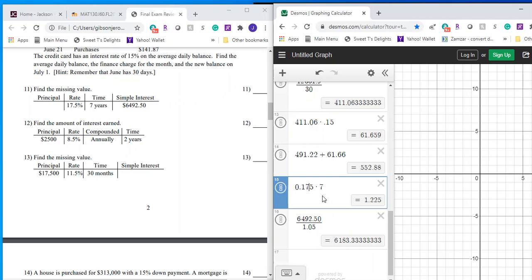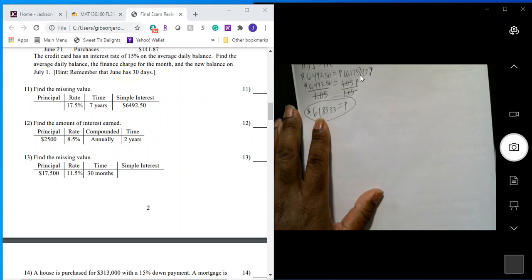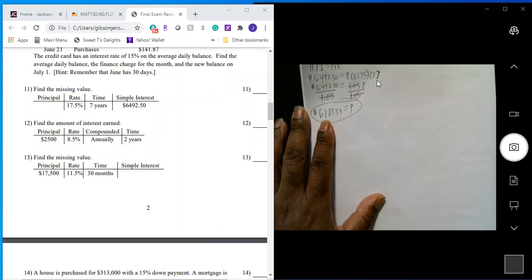So instead of 1.05, we should have divided each side by, well, let's go back here. Instead of this coming out 7 times 0.175, shouldn't have been 1.05.